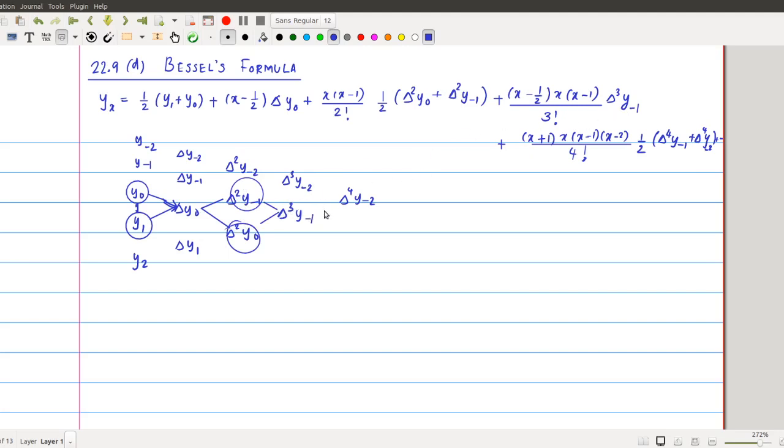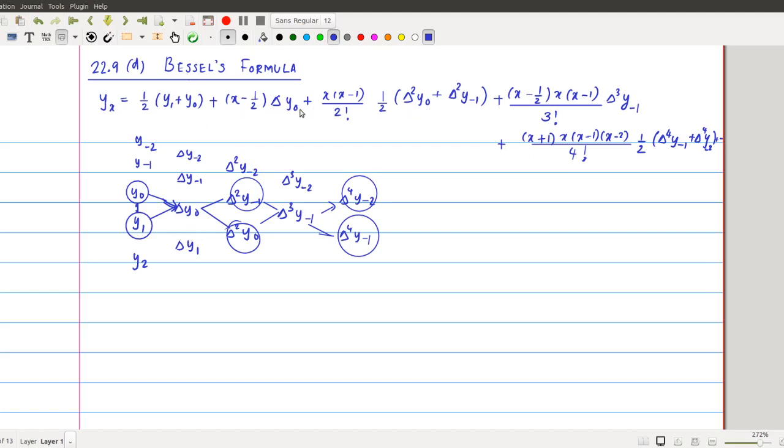Then take the other two, delta raised to 4 y minus 2 and delta raised to 4 y minus 1, and take the average of these two. This is the way we use the values from the tables to evaluate Bessel's formula.